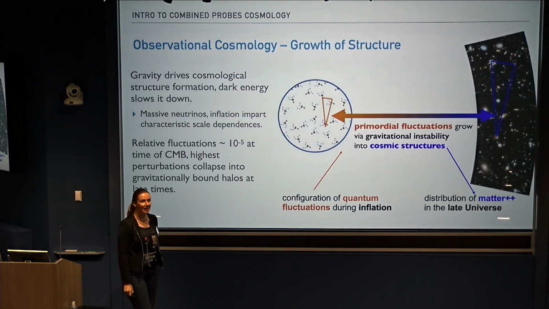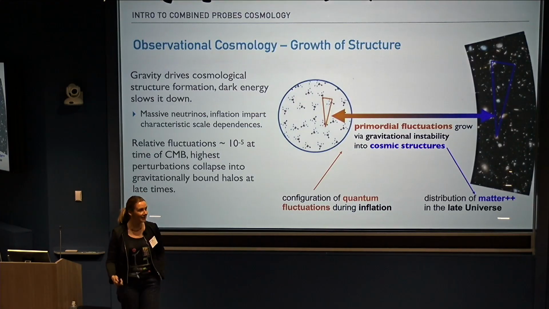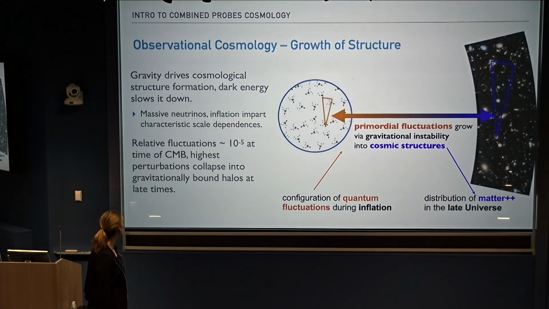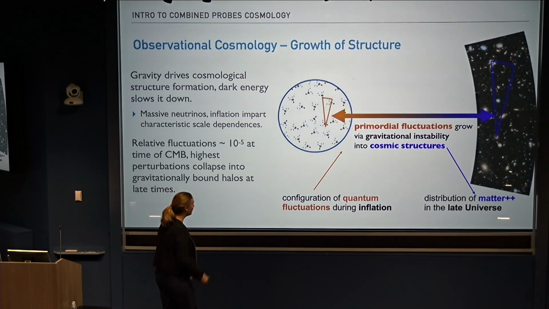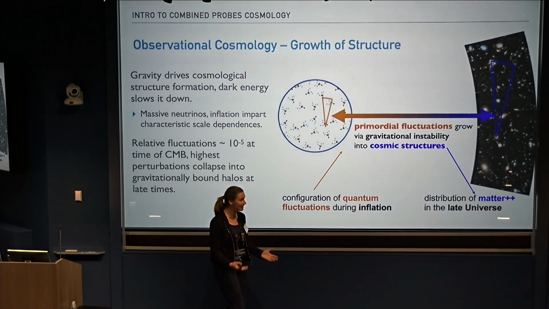Focusing more on probes close to what this collaboration is gearing up to, growth of structure. Idea here is that gravity drives cosmological structure formation, while dark energy, or whatever it is, slows it down.